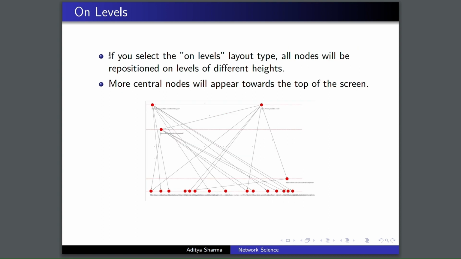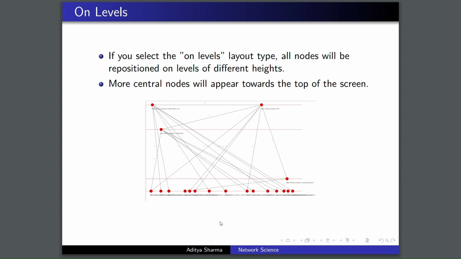On levels layout, nodes are arranged on levels with the more central nodes positioned higher up on the screen. Advantages of this are that it is good for medium-sized networks. The circular layout was good for small networks, but this is also good for medium-sized networks.